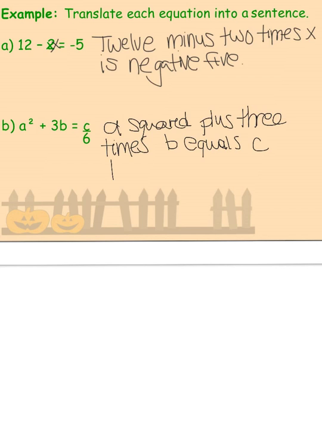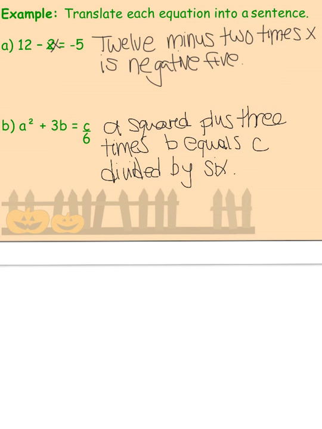Technically, this one is C divided by 6. But if you were to put over 6, I can't mark that wrong because that would still get you to the right equation as well, or the right sentence.